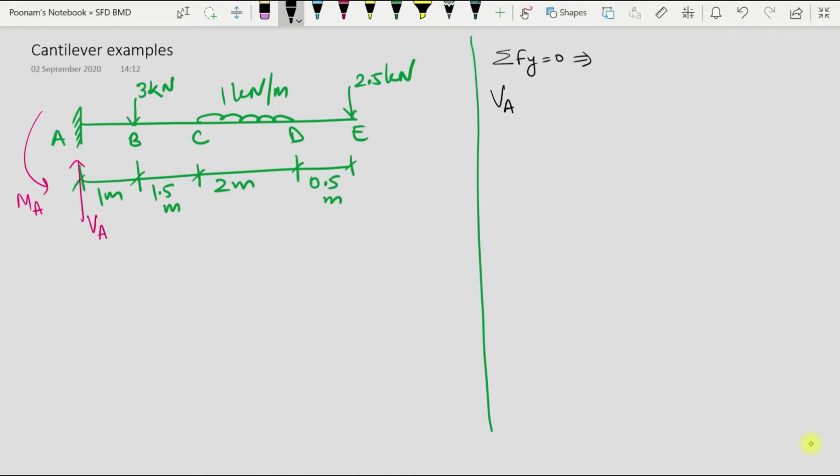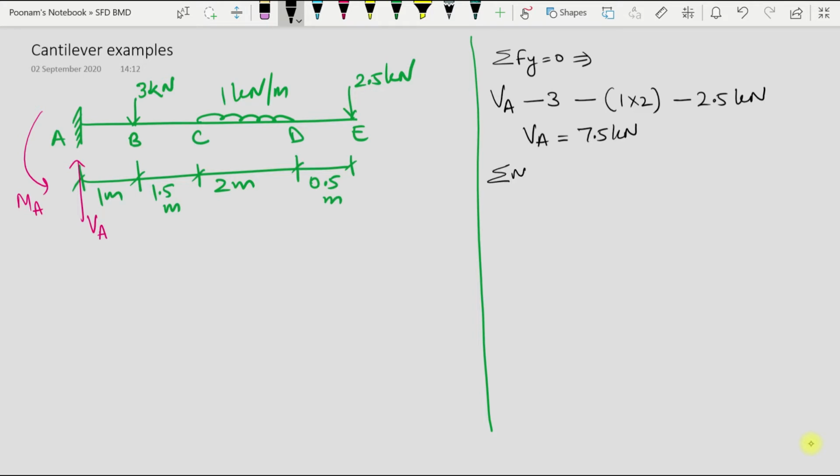So VA minus 3 minus the total UDL, which will be 1 into 2, 1 is intensity, 2 is the length over which UDL is acting, minus 2.5 kilonewton. So it will directly give me value of VA, which will be equal to 7.5 kilonewton.